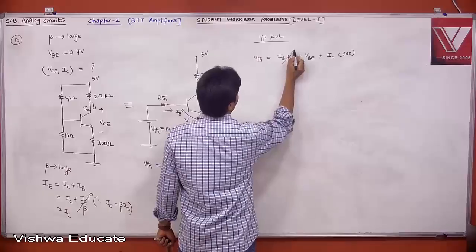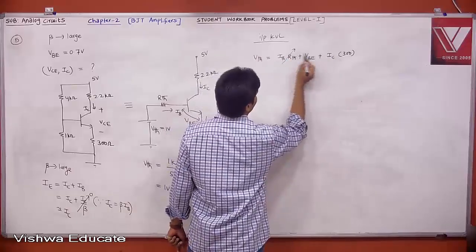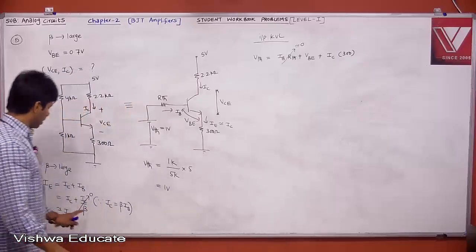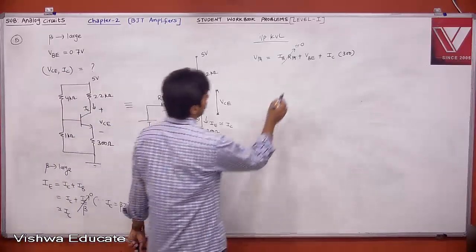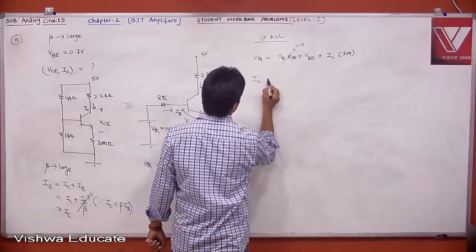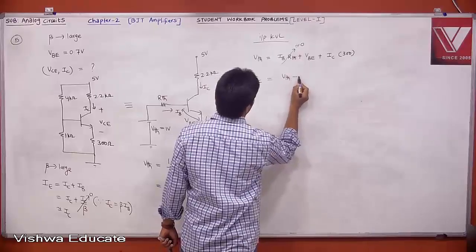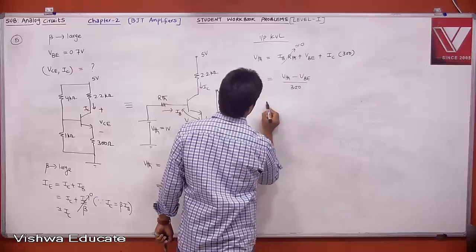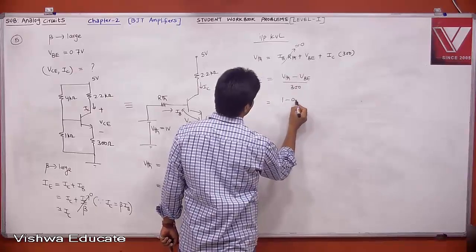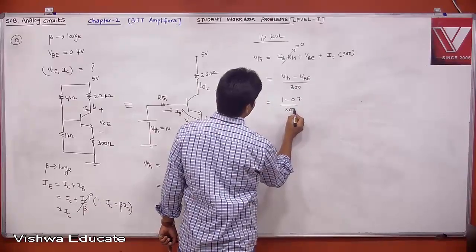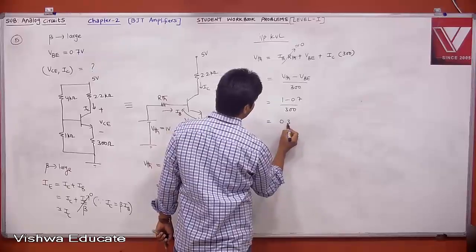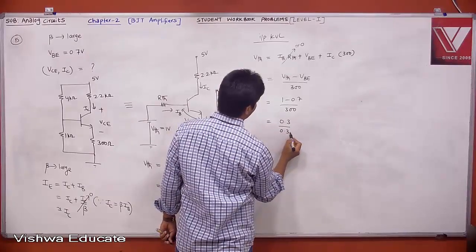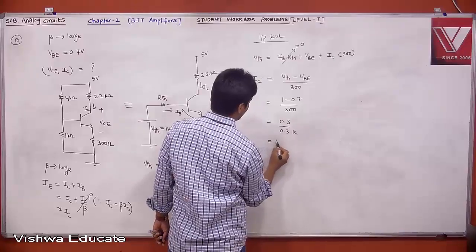Can I neglect this part with respect to IC, because IB can be neglected. This is close to 0 because beta is very large. Then what is our IC? IC is equal to VThevenin minus VBE divided by 300. What is VThevenin? 1 minus 0.7 divided by 300, which is 0.3 divided by 0.3 K, which is 1 milliampere.